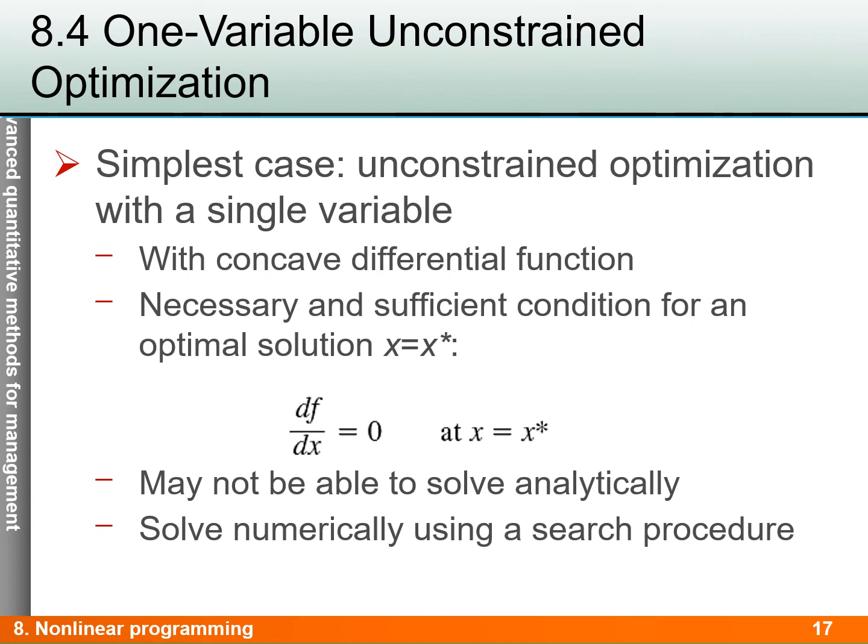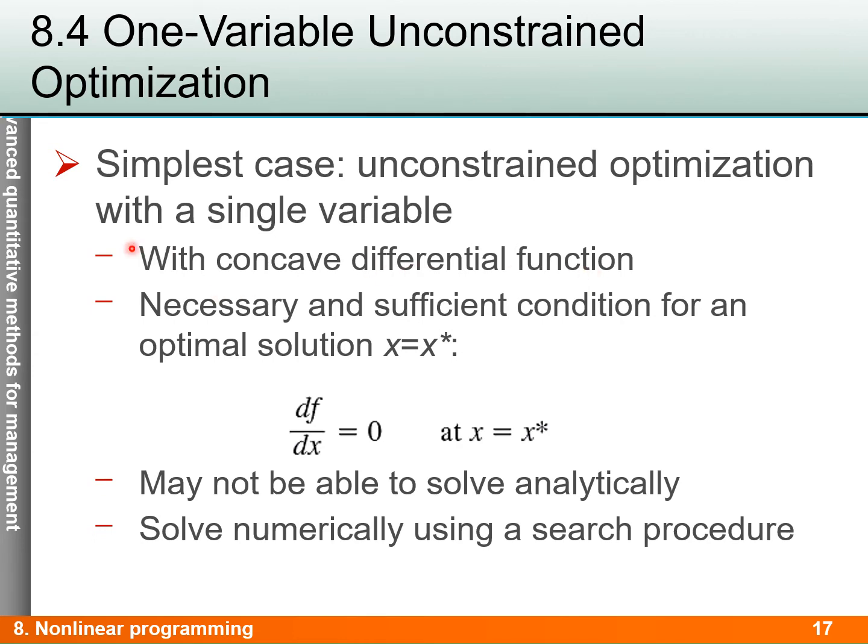The simplest case of nonlinear programming is unconstrained optimization when we have only a single variable. That means n equals 1. We only have one x as a variable, where the differentiable function f(x) to be maximized is concave.